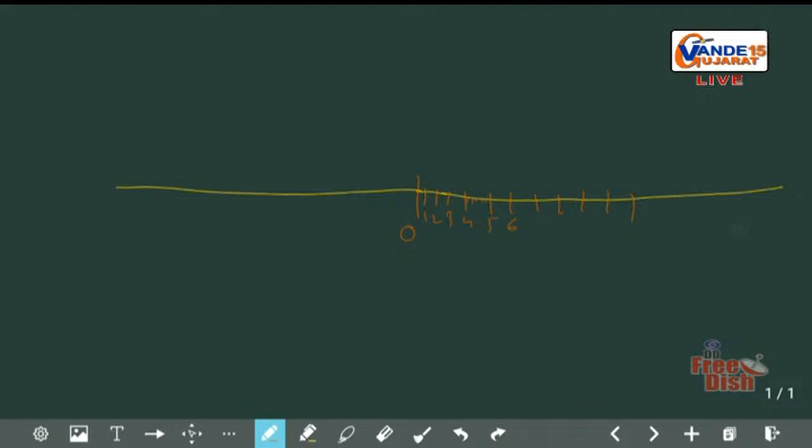All numbers fall in this line, all positive numbers and all negative numbers, so this is minus n and this is plus n. So, positive number, negative number. It can be a fraction, it can be a decimal, it can be anything.